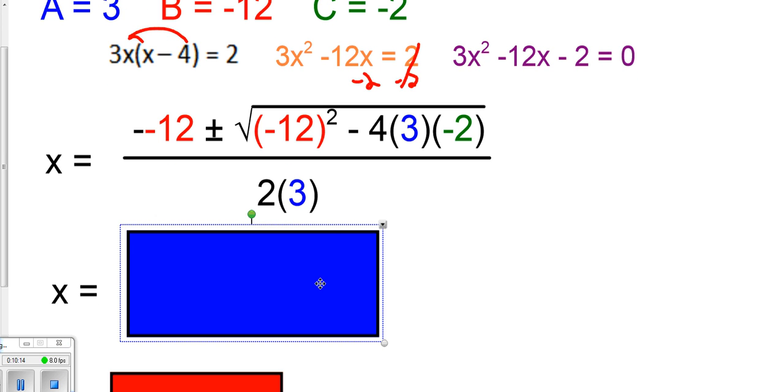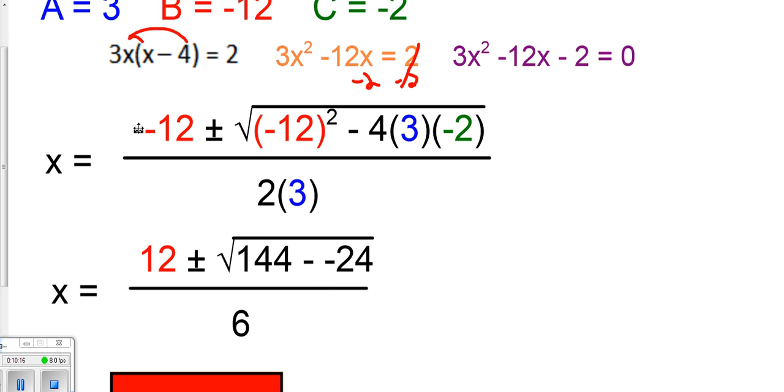Simplifying that down, negative 12 is just positive 12. So we'd have a positive 12 right here, plus or minus the square root of negative 12 squared, which is positive 144, sorry. And 4 times 3 times negative 2 is negative 24. So it's the square root of 144 minus negative 24.